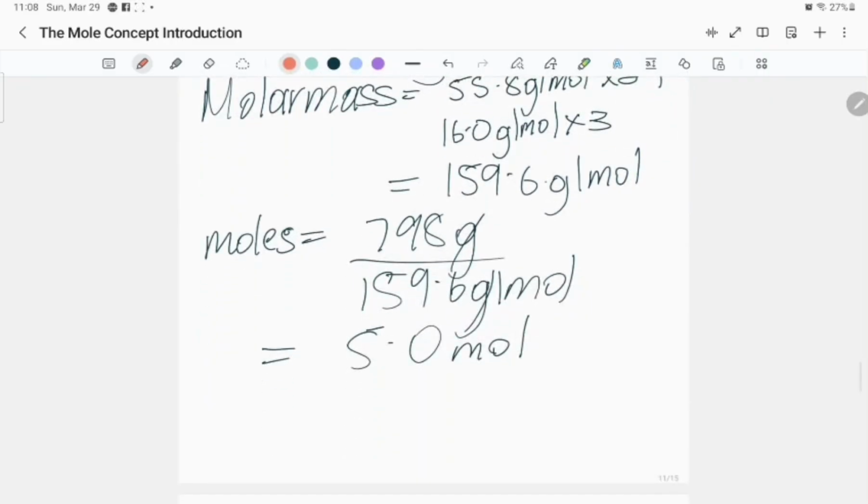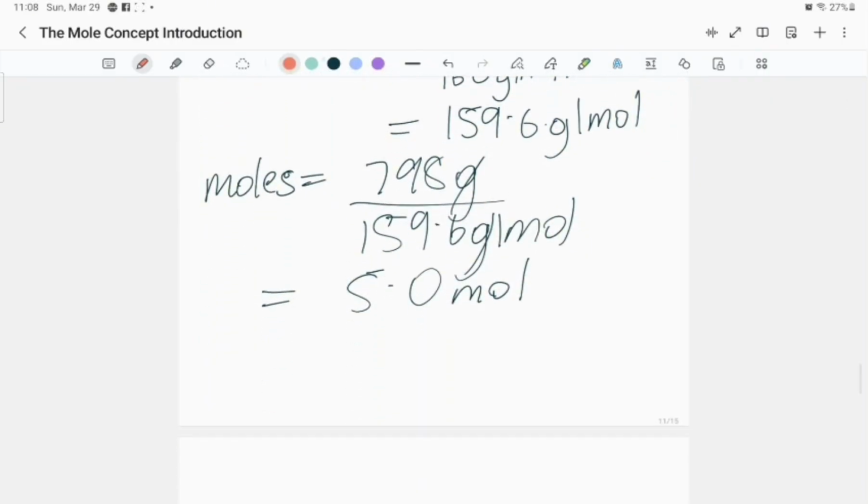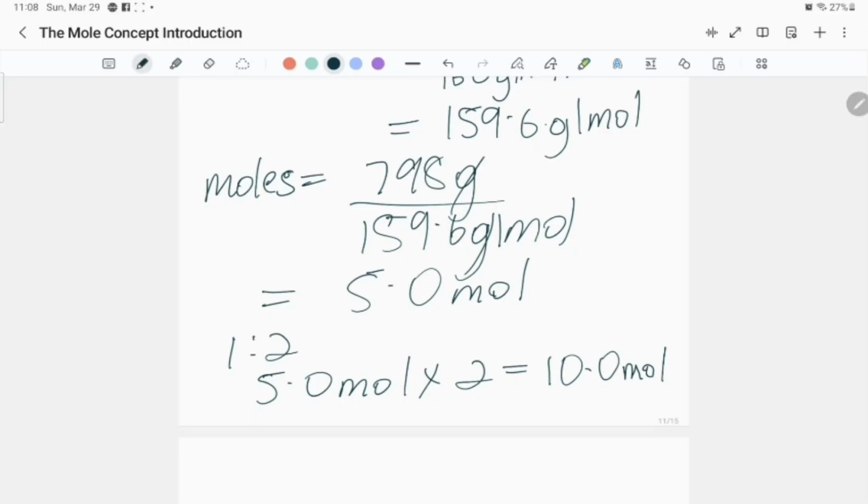So basic maths, it's a 1 to 2 ratio, right? So the amount of moles of iron formed is going to be 5.0 moles times 2, which equals 10.0 moles, right?